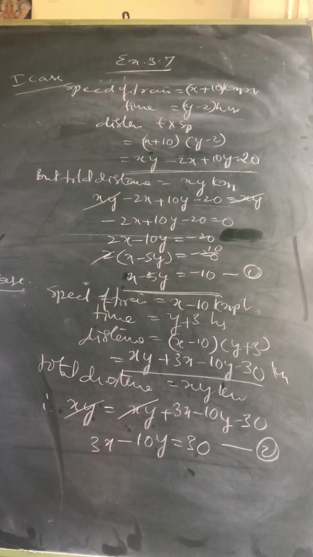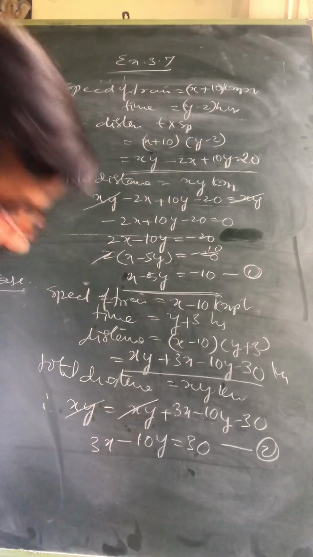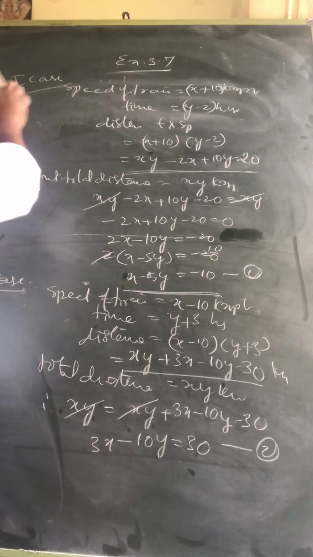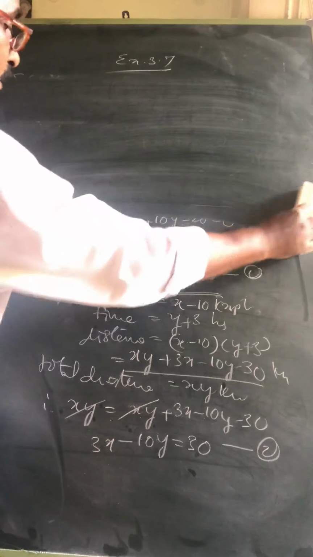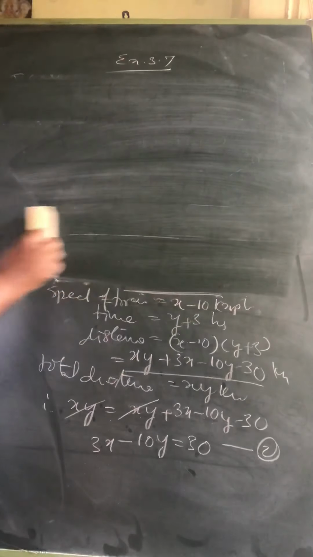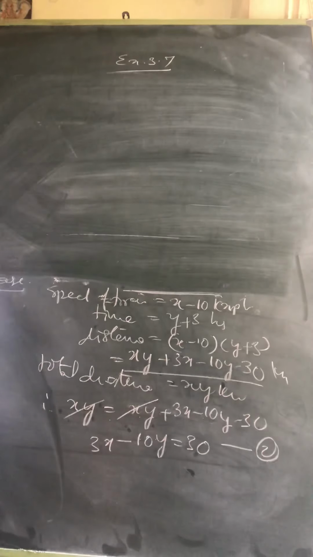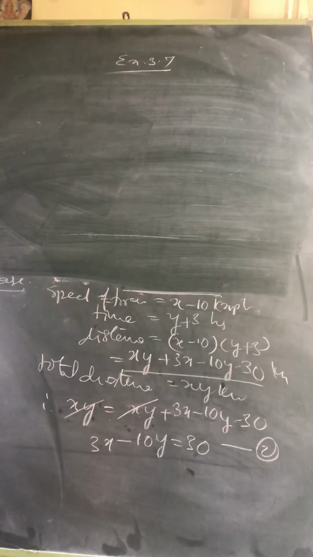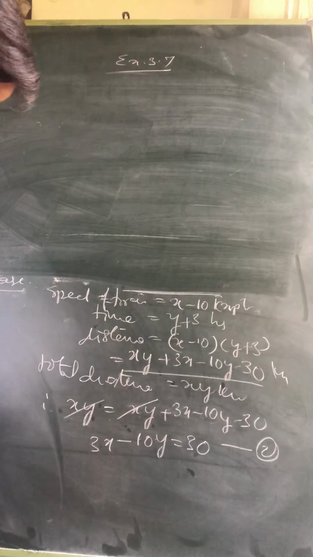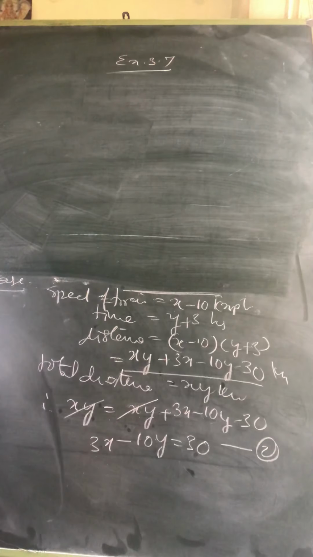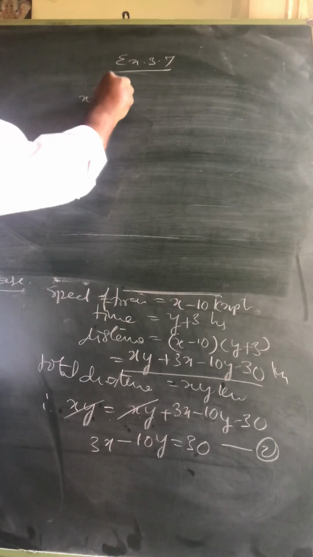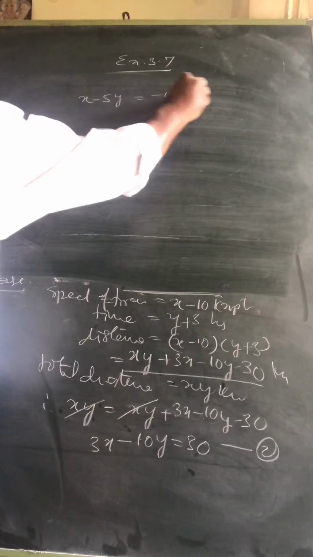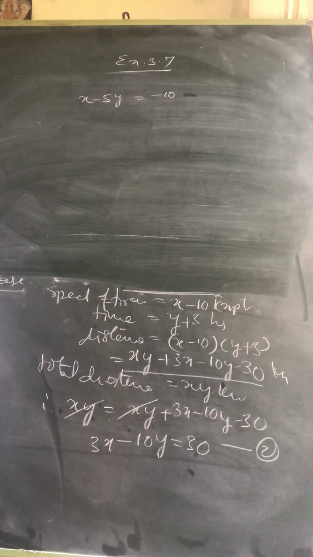These two equations we have to solve. x minus 5y is equal to minus 10, the first equation.